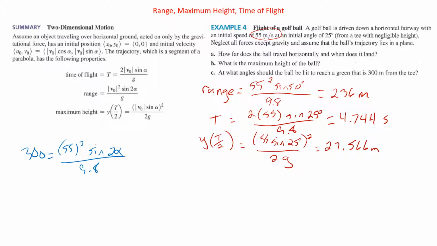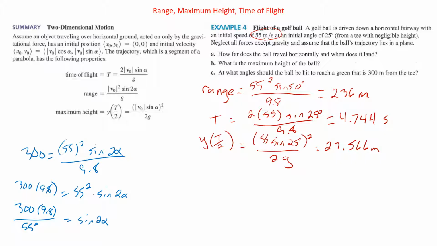We multiply by 9.8, so 300 times 9.8 will equal 55 squared times the sine of 2 alpha. Divide by the 55 squared. So we get 300 times 9.8 divided by 55 squared equals sine of 2 alpha.